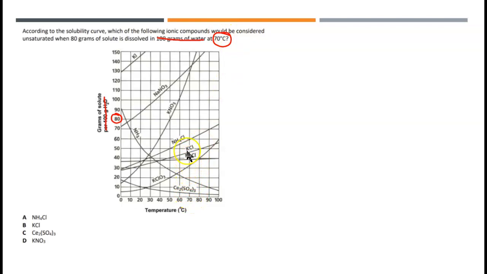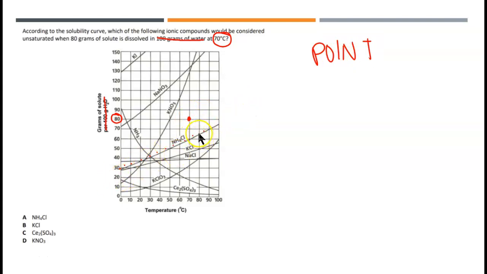So 80 and 70, I'm going to plot my point. Here it is. So we're looking for NH4Cl. Here is the line for NH4Cl, right here. Now remember, we're focusing on the location of the point. The point here is above the line, or the dotted line that I made.